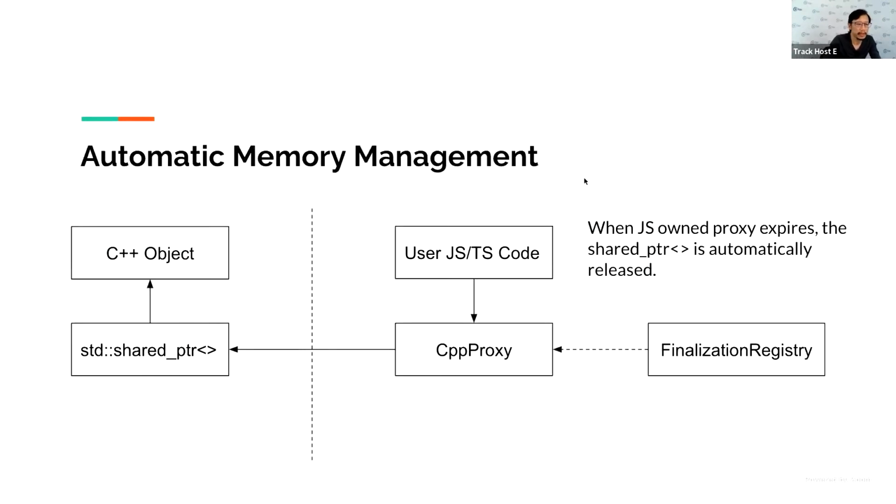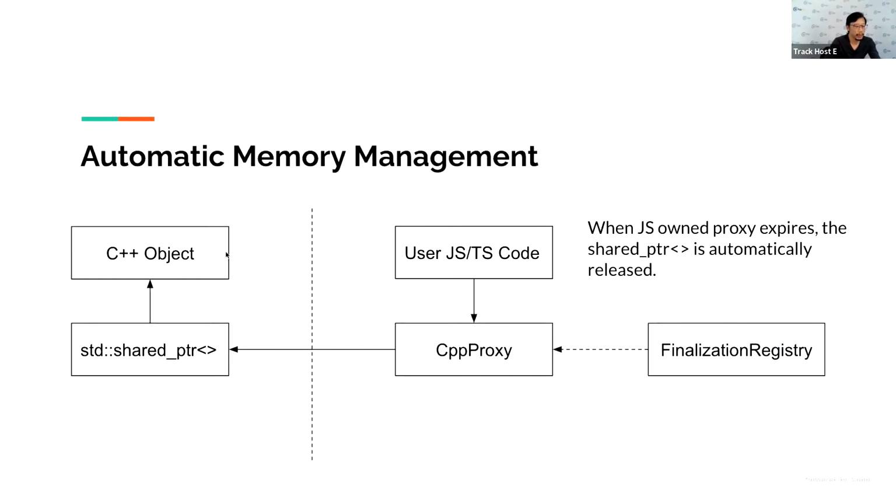An important aspect is automatic memory management. At the time of this implementation, none of embind and WebIDL binders supports automatic memory management. So if you have a C++ object in JavaScript, you have to manually call a delete method to delete them, which is not acceptable for our use case. The way we solve this is we took advantage of a modern feature in recent versions of web browsers: the finalization registry.